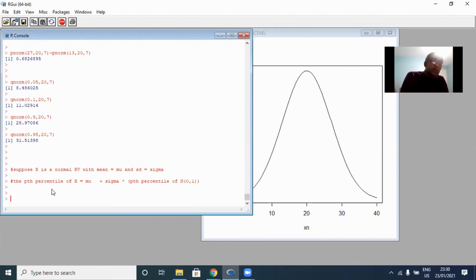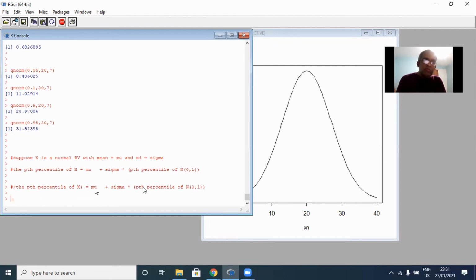You might recall this or not, I don't know. Let me rewrite this one more time. The pth percentile of the variable x, which is assumed to be normal with parameters mu and sigma, is equal to mu plus sigma times the pth percentile of the standard normal. So I'm going to use this fact to recompute these 4 values here.